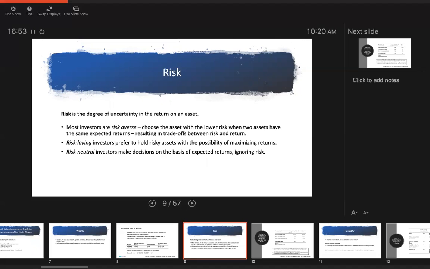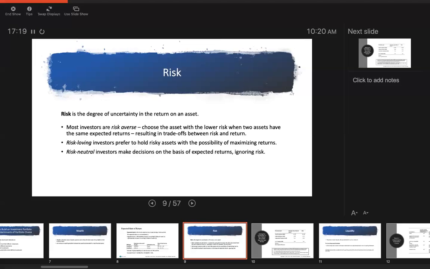What we find, at least in the empirical and academic literature, is that most investors are risk averse, right? So when we show investors two assets which have the same expected returns, investors tend to choose the asset which has a lower risk profile. It's not that they're indifferent between the two assets.